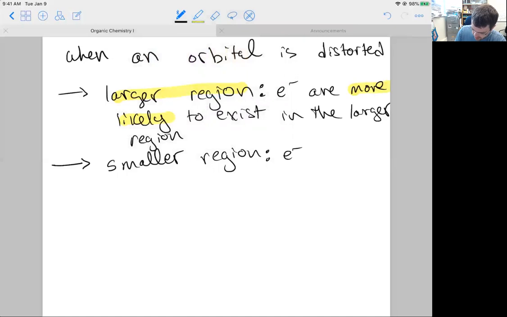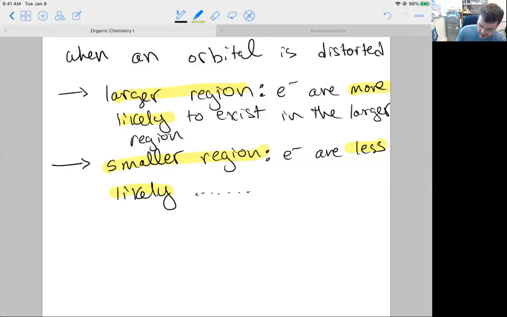Smaller region, less likely. Now that's just kind of thinking through. Electrons exist in orbitals, these spaces or volumes. And so if we make one part of them larger or smaller, then we will kind of encourage electrons to be there or not be there in those respective spaces.